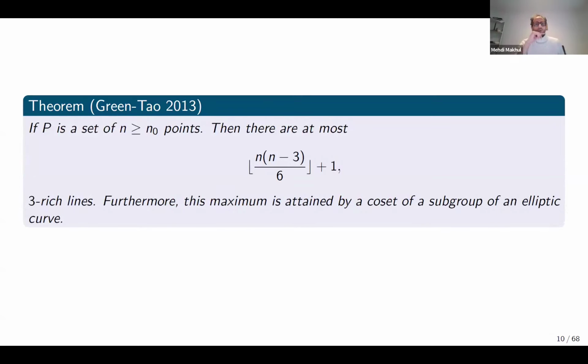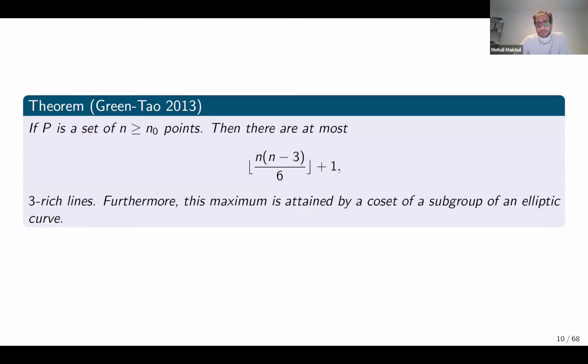So all three examples that I mentioned are contained in a cubic curve. Moreover, we have this result by Green and Tao, where they proved in 2013 that if you have a set of n points in the plane, then the number of tree-rich lines must be bounded by this number that we already saw coming from subgroups, actually cosets of a subgroup of an elliptic curve.